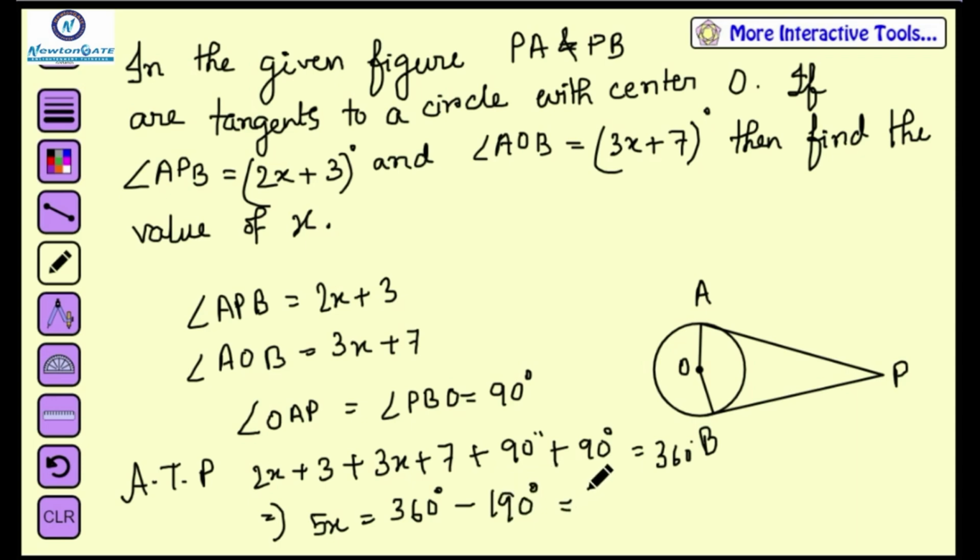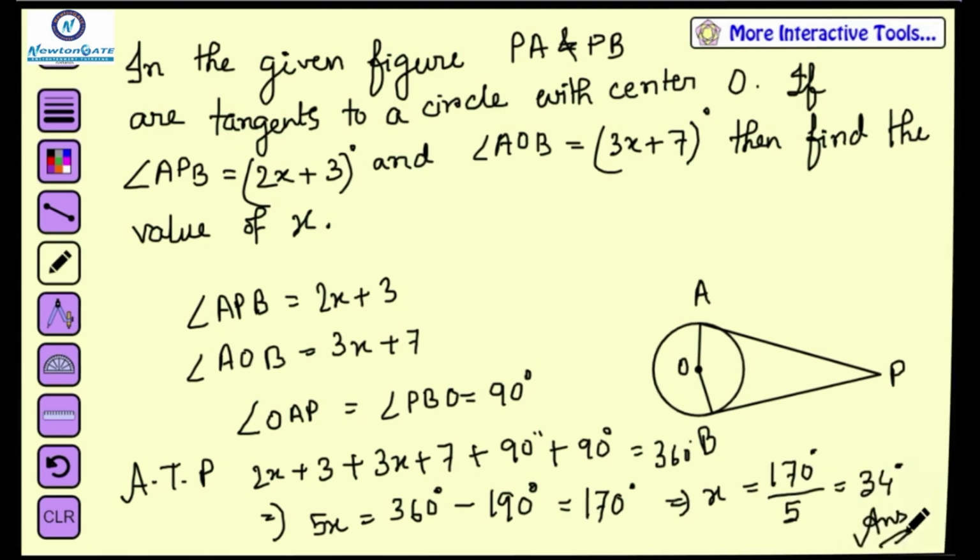Then 360 minus 190 equals 170 degrees. Therefore the value of x equals 170 degrees divided by 5, that is, 5 3s are 15 and 5 4s are 20. Now we move to the next question.